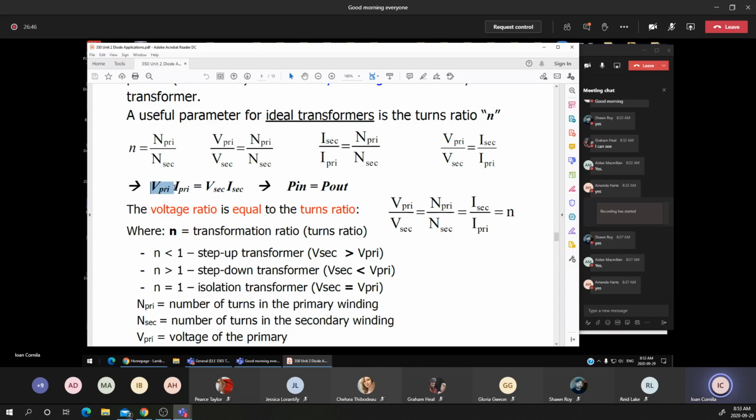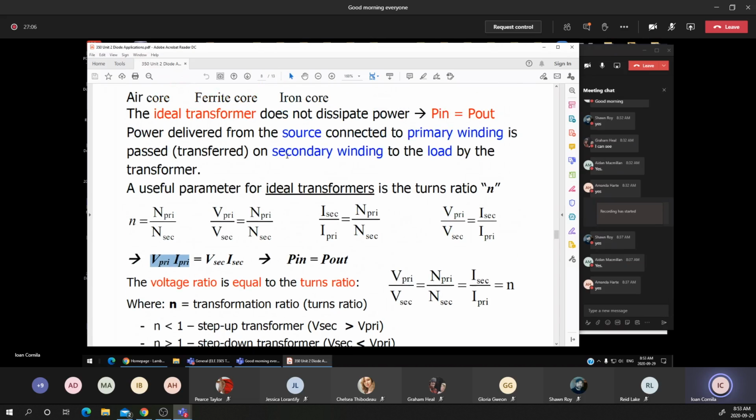Looking at this equation, the voltage in the primary winding times the current in the primary winding is equal to the voltage in the secondary winding multiplied by the current in the secondary winding. It looks like the power in the primary winding is equal to the power in the secondary winding. You notice that I made this statement at the beginning: we are assuming that the transformer is an ideal machine, which means the input power always equals the output power.